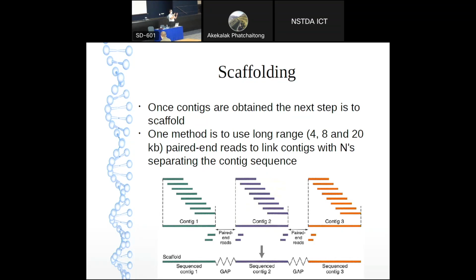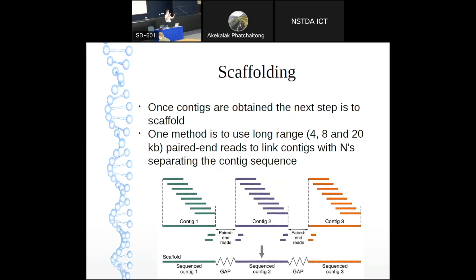So with long-range paired end reads, you fractionate the DNA so that you get an average of 4, 8, or 20 kilobases. Usually you do 1 library of each. And then you get a read from the start of each fragment and a read from the end of each fragment.